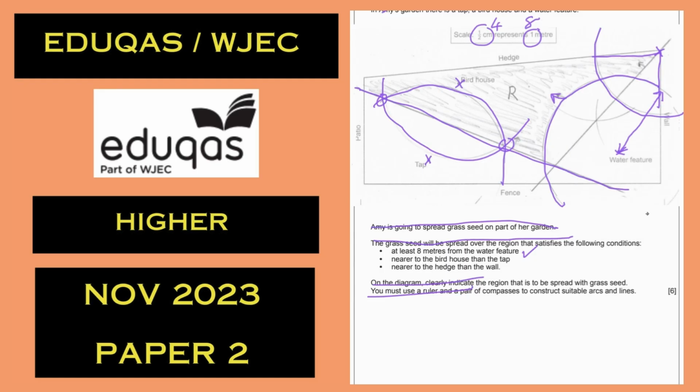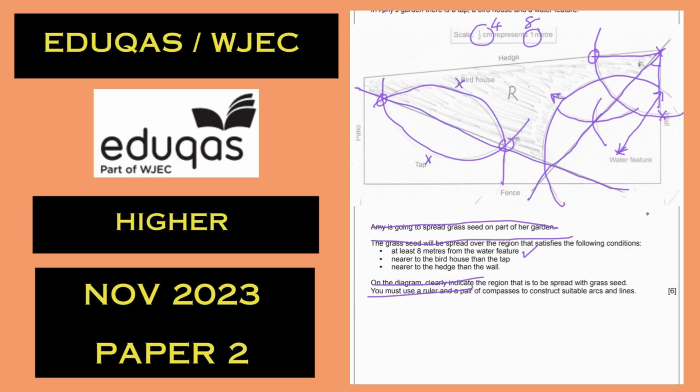Don't reset your compass, pick it up, metal point on there, small arc, metal point on there, small arc. Don't just get them joined up for your angle bisector, you've got to keep it going.